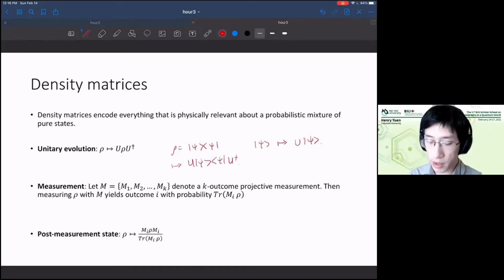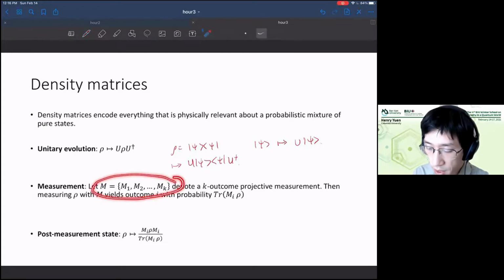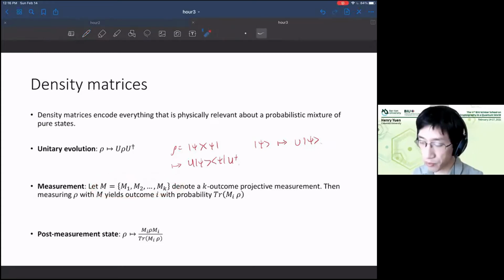What about measurements? Let's say we have some K outcome projective measurement. If you want to ask what are the probability distributions of the outcomes that I get from measuring this mixture, you multiply your projection matrix Mi times your density matrix rho, and then you take the trace.